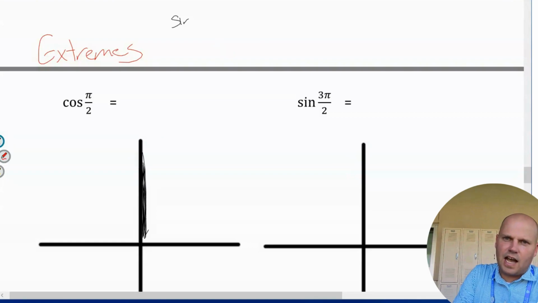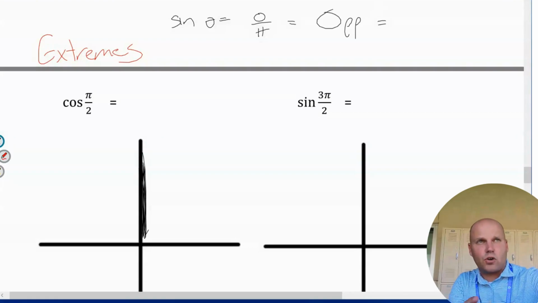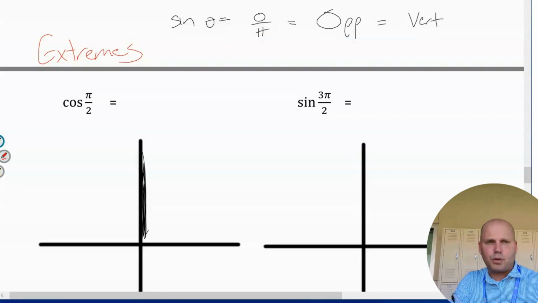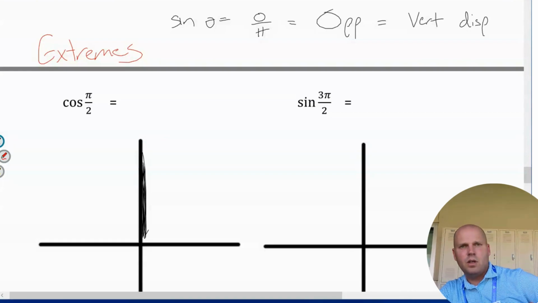We know that sine's ratio is always opposite over hypotenuse. And since the hypotenuse in the unit circle is always 1, it's always going to be the opposite side. Well, the opposite side, when our triangles are always oriented in this coordinate system, starting at 0, standard position, always ends up being the vertical displacement, as in how much we go up or down.